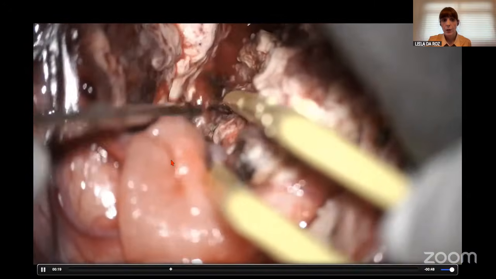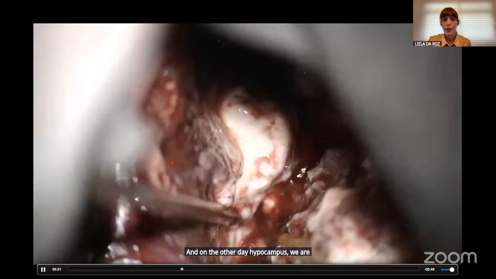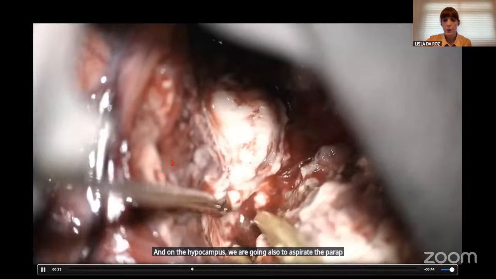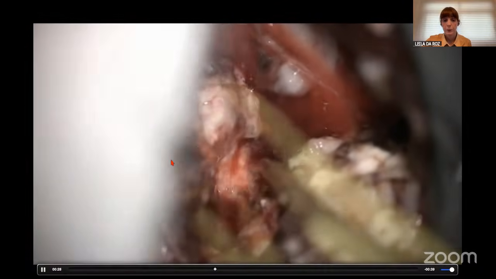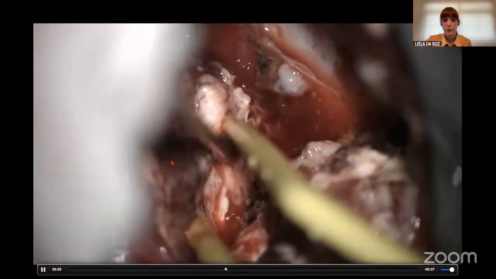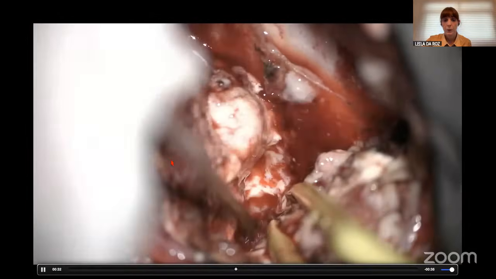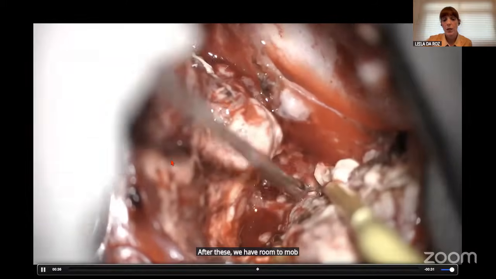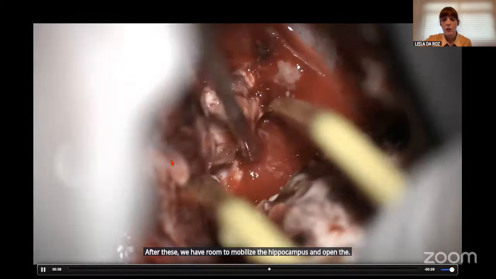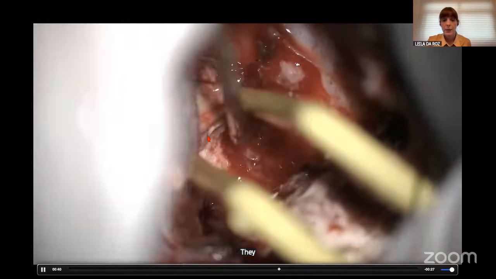And under the hippocampus, we are going also to aspirate the parahippocampal gyrus. After this, we have room to mobilize the hippocampus and open the choroidal fissure. That's the next step of our resection.